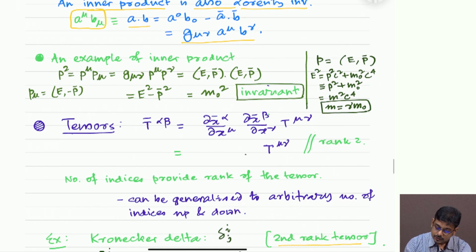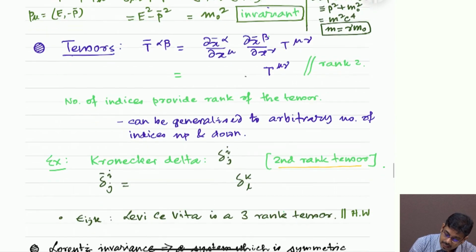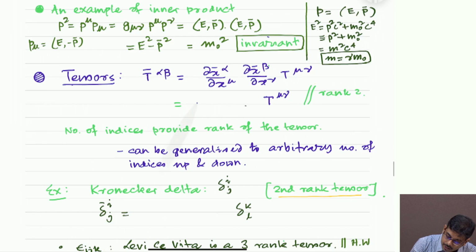So, can we write it in terms of the Lorentz transformation matrix? The answer is yes, we can. Del x bar alpha over del x mu is a Lorentz transformation, so this is lambda alpha mu and this is lambda beta nu with T mu nu, correct?